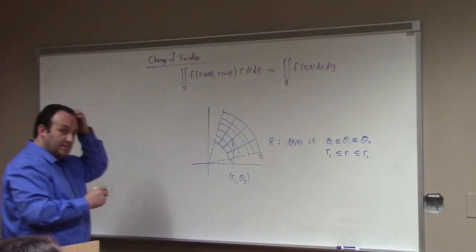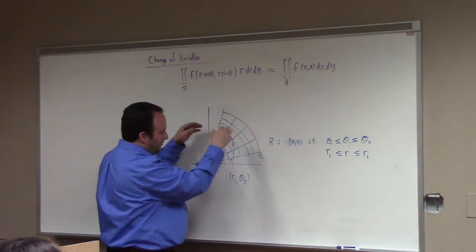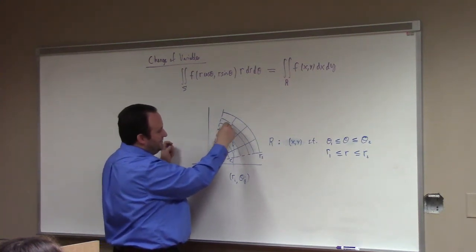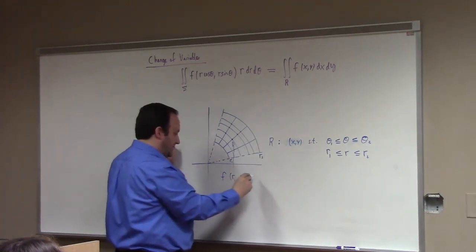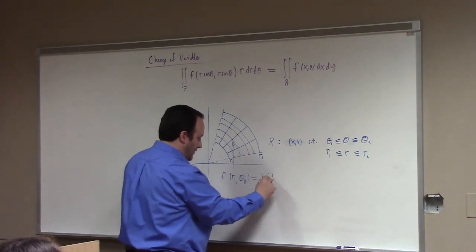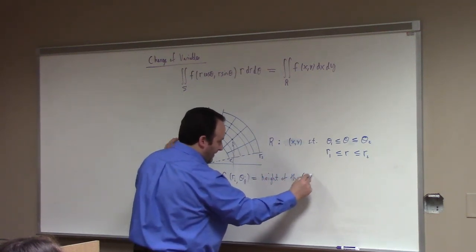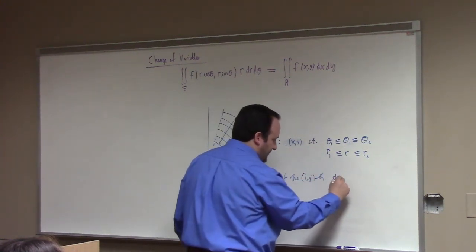And just for the sake of simplicity, I'll use these lower corner points to define the height over these things. So f of this would be the height of the ijth skyscraper.